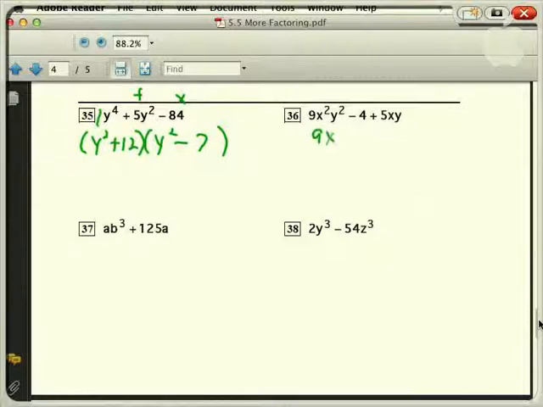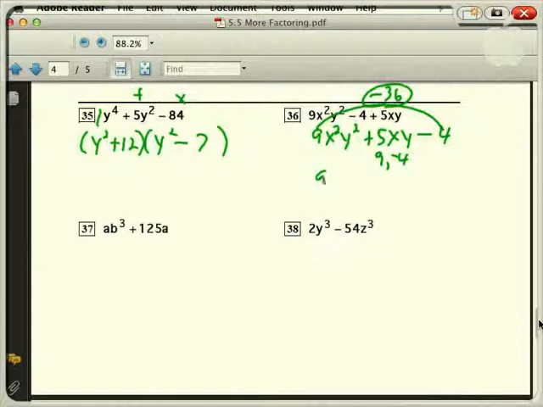Over in number 36, 9x squared y squared plus 5xy minus 4. Multiply these, you get minus 36. Two numbers that multiply out to minus 36 and add up to 5 would be 9 and negative 4. Same numbers. And so we have 9x squared y squared plus 9xy minus 4xy minus 4.